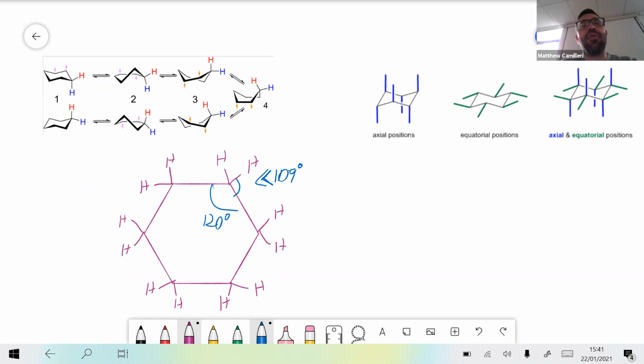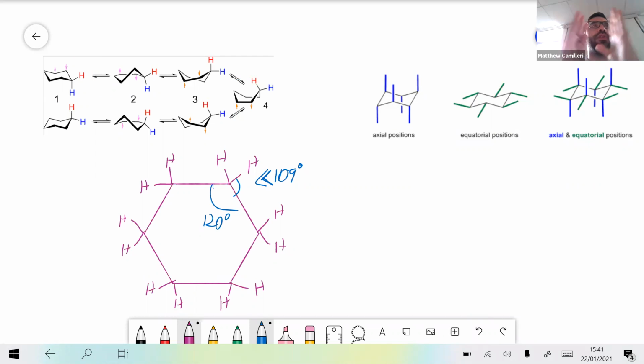That is not acceptable for an sp3 hybridized carbon, and therefore you would want to try and avoid them. So what you do is you have the boat and the chair conformation. Okay, so this is the boat here, and these are the two chair conformations, and you can see that the hydrogens can actually end up being on opposite sides.